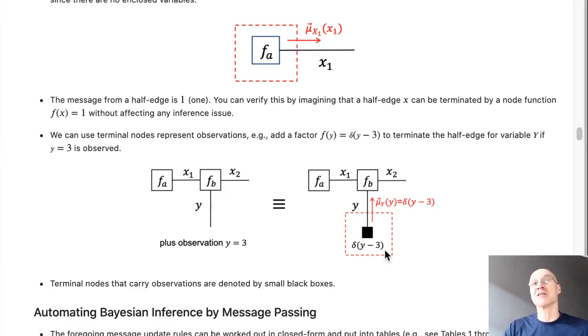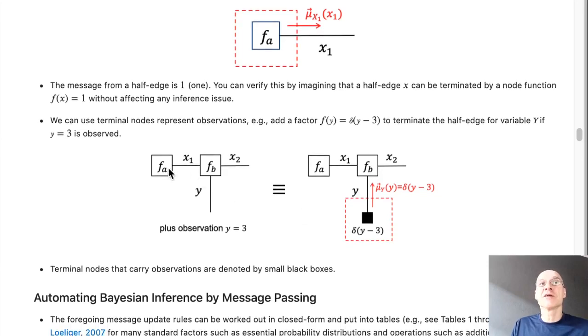By passing the message from FA to FB, I can process it in FB and compute the outgoing message to X2. Then I get the knowledge from FA and this observation. I fuse that, and both have something to say about X2, because FB is a function of X1, X2, and Y. So it's a very efficient way of integrating information and doing inference.